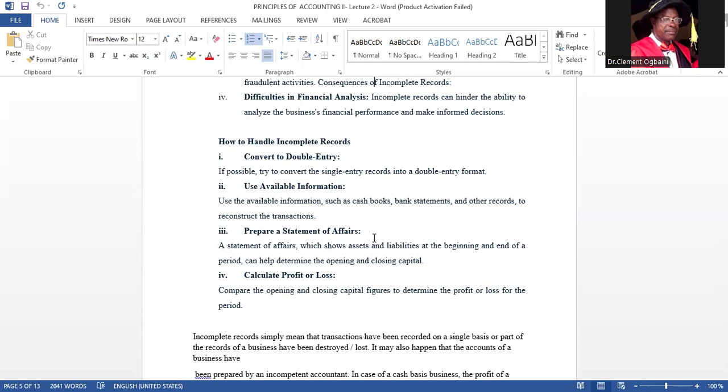The fixed assets include the premises, or land and buildings, the plant and equipment, motor vehicles, and furniture and fittings.